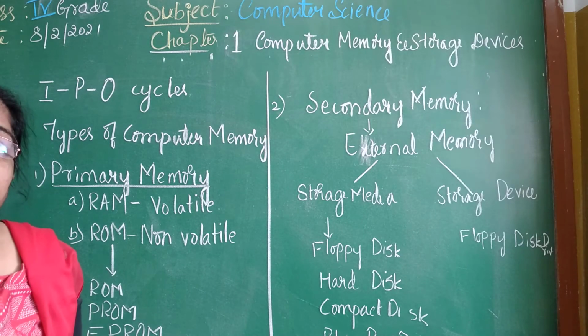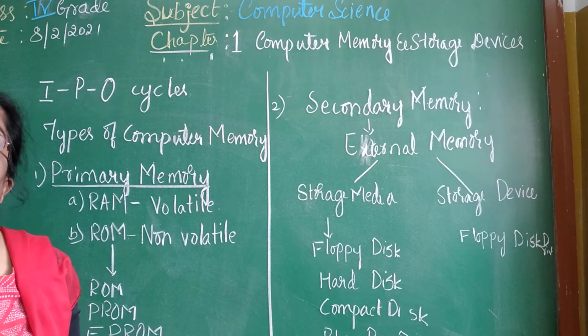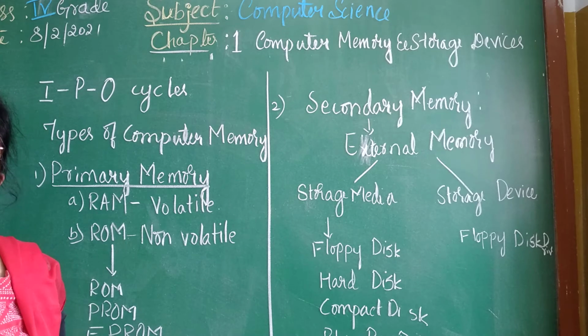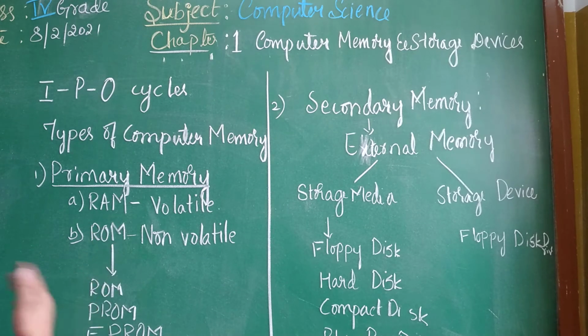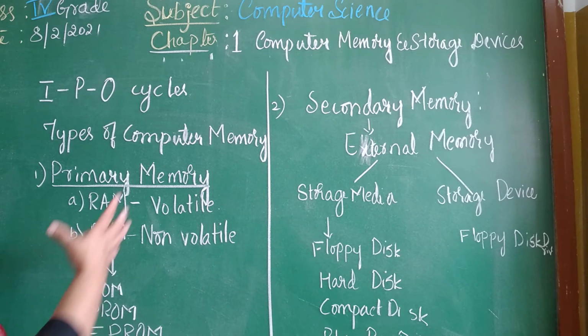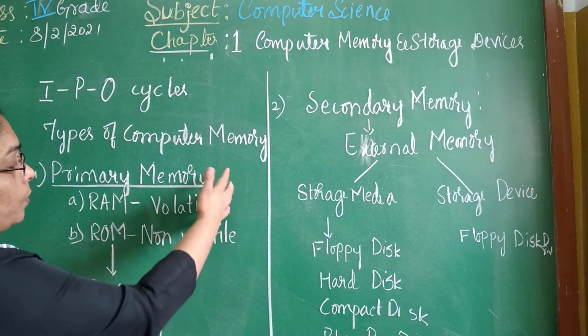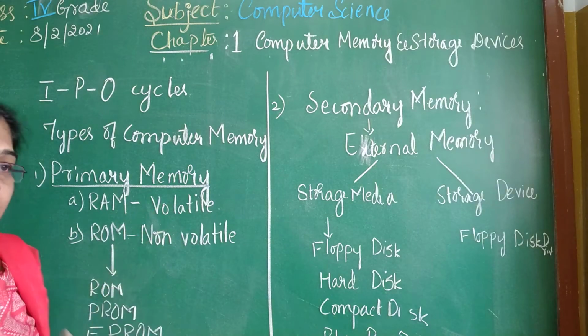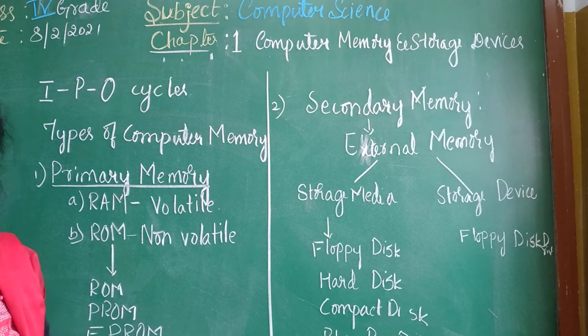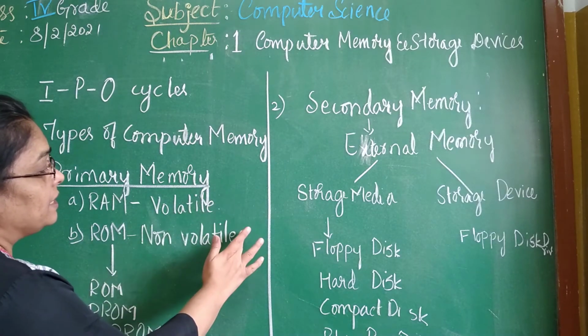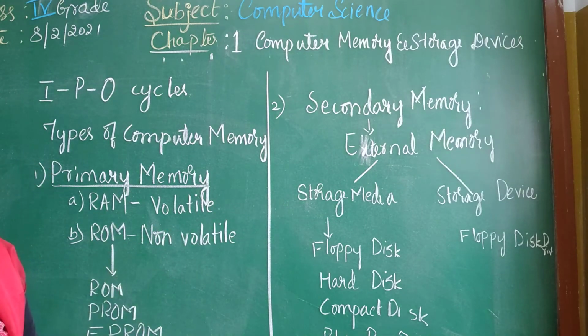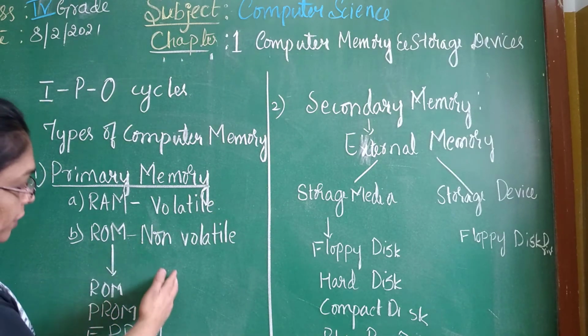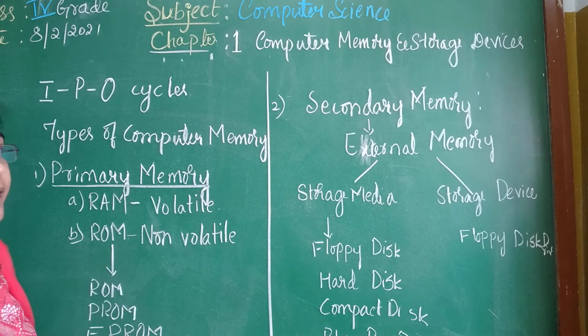These are the different slots allotted in the motherboard chip, where you will have all these types of memory. As I told you, these are very important memories which will be in the computer motherboard chip. This chip is inside the motherboard. So there are different slots for this non-volatile memory.